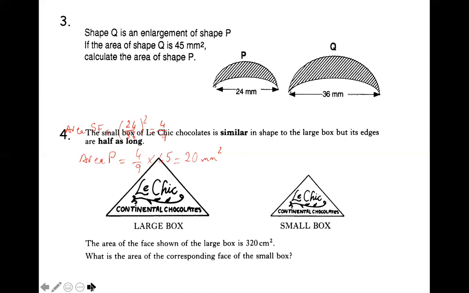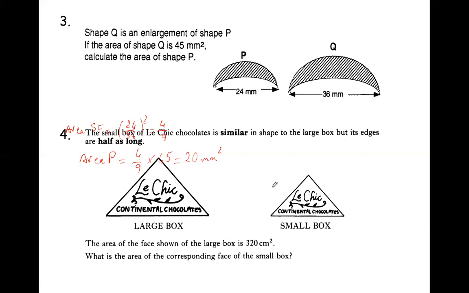So we've got small boxes of chocolate. So this time we're asked for the area of the small box. So again, it's going to be reducing. Half as long.